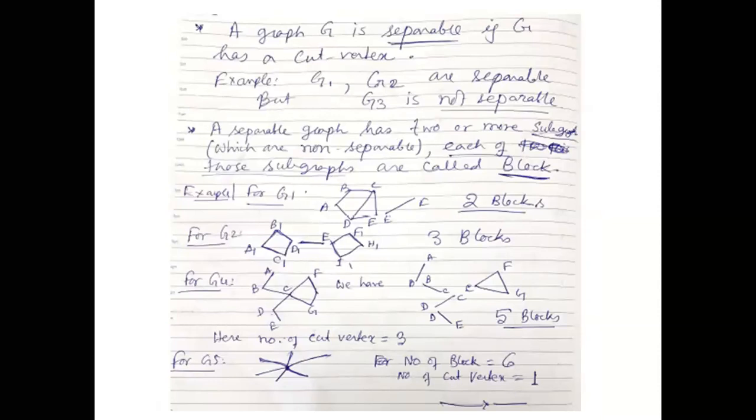Now, what do we mean by block? Let us go for the example G1. We already know that in the example G1, the vertex E is the cut vertex. Now, a separable graph has two or more subgraphs, right? For the presence of the cut vertex, a separable graph has two or more subgraphs.